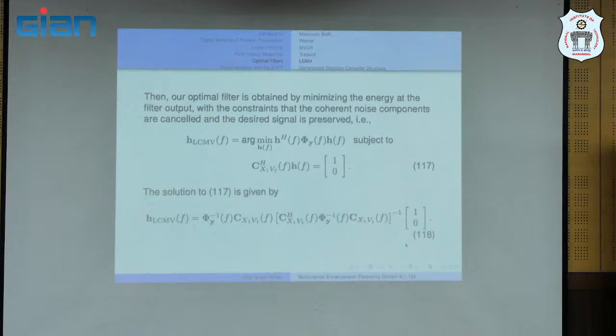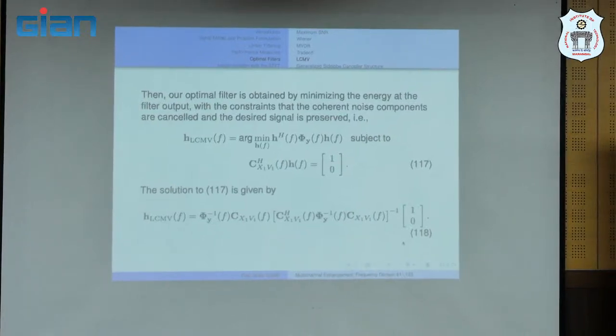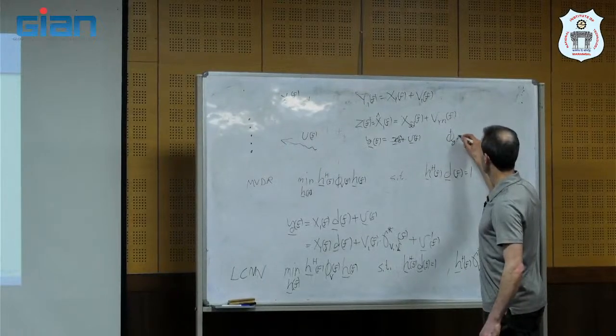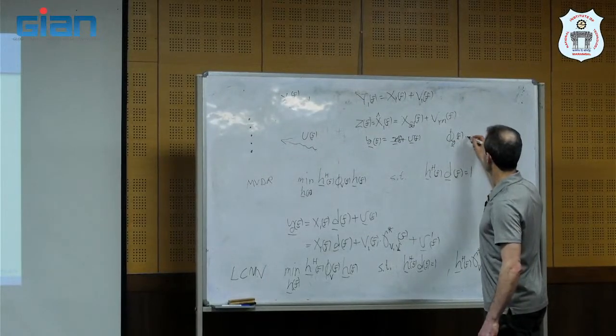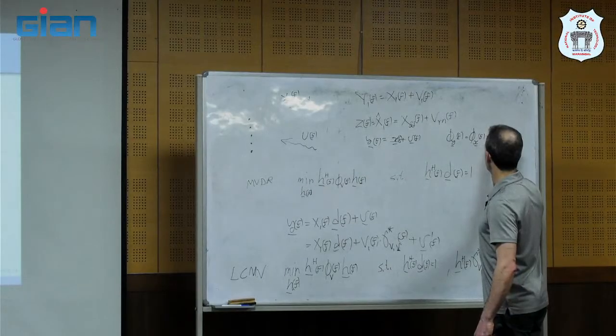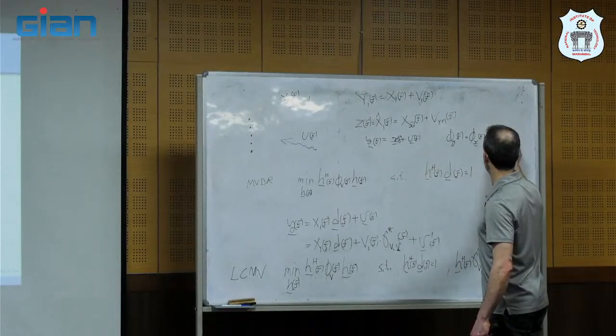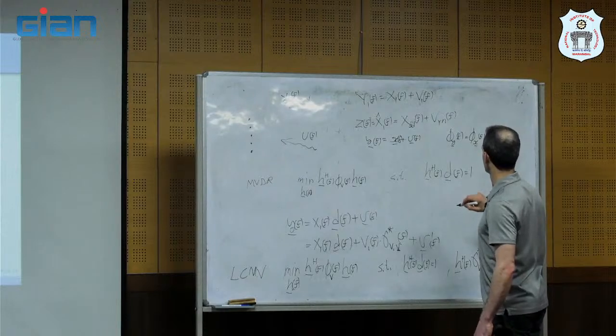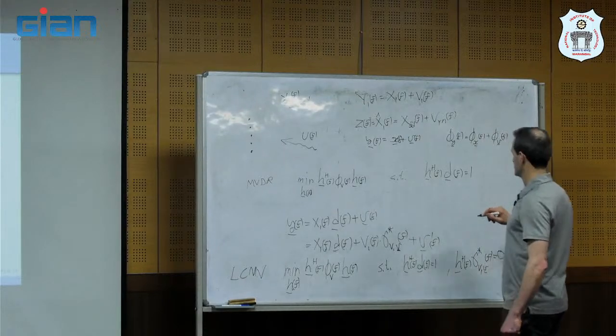So this part will remain the same, we constrain it. So of course, when we have phi y, it equals phi x plus phi v.